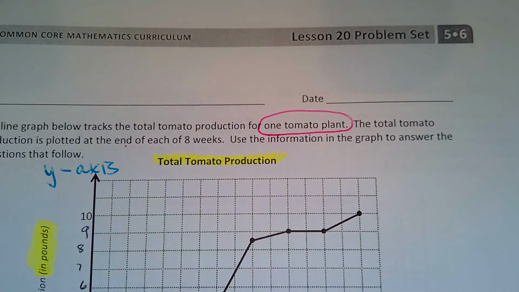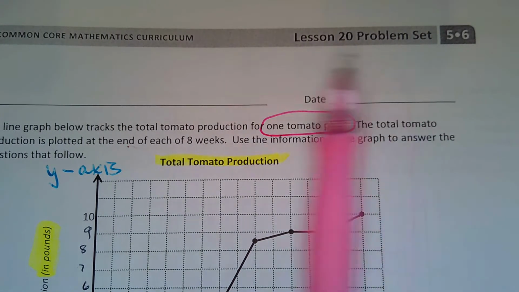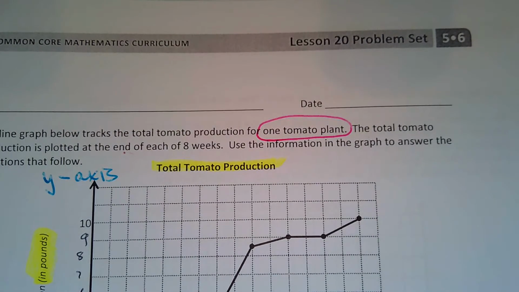So let's go back to this sentence. The total tomato production is plotted. That means it's plotted at the end of each of 8 weeks.